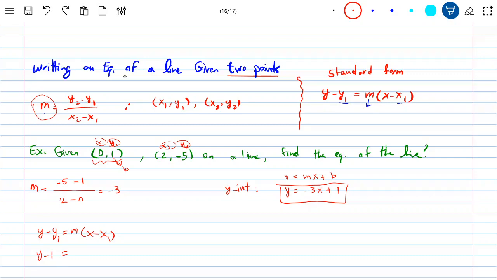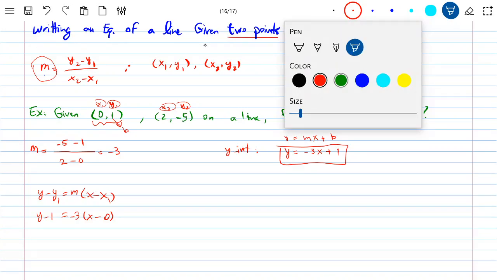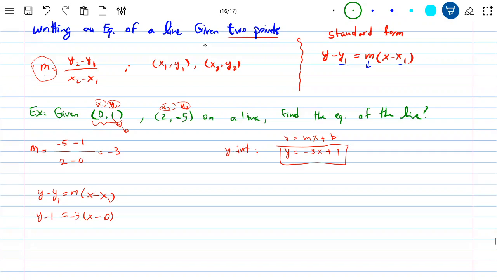M is -3. So I replace the point x1 and y1 into the equation, and simplify. If they want it in standard form, you're done. This is the answer.